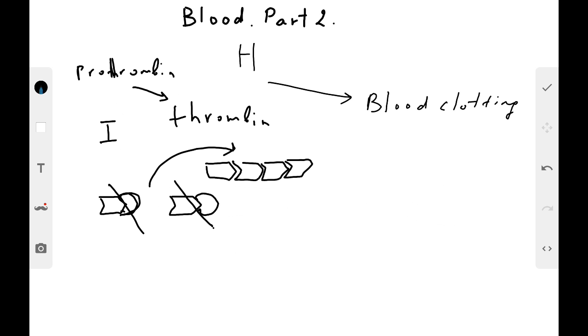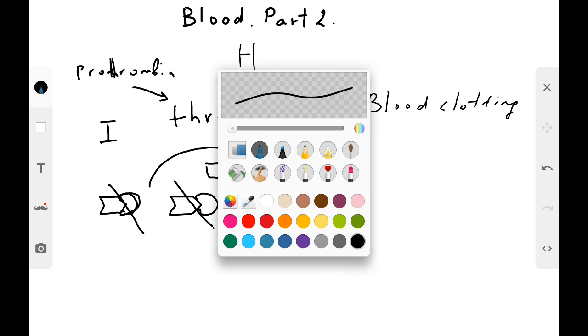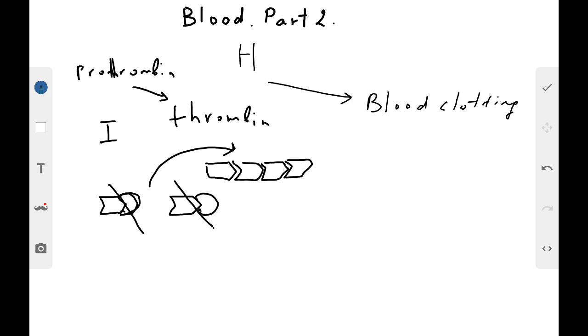Together these reactions may be illustrated by this picture.